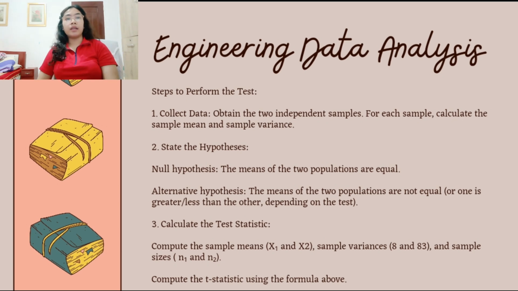And the third one is to calculate the test statistic, or to compute the sample means x sub 1 and x sub 2, sample variances s squared sub 1 and s squared sub 2, and sample sizes n sub 1 and n sub 2, and compute the t-statistic using the formula above.